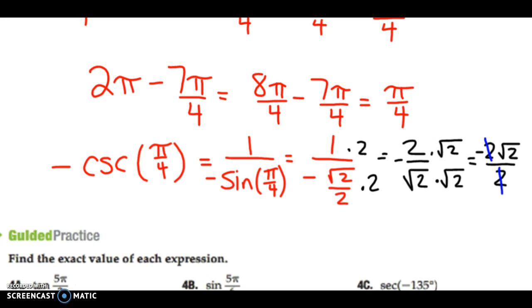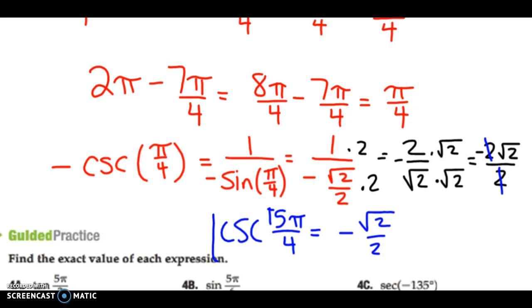I cancel those 2's out, and so cosecant of 15 pi over 4 is actually negative square root of 2. Seems like a lot of work, but it's actually a little bit easier than what we might have to do in the future.